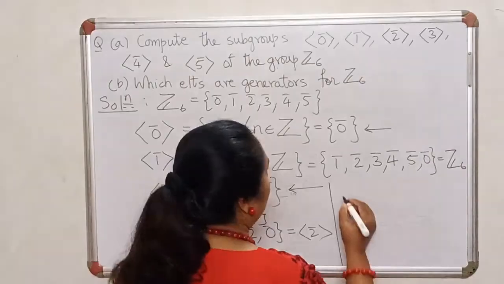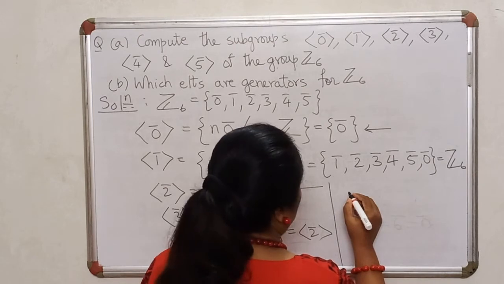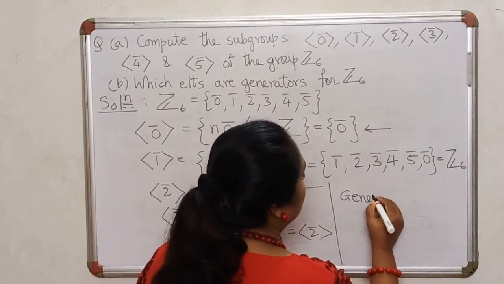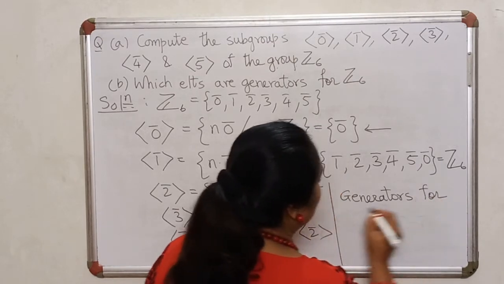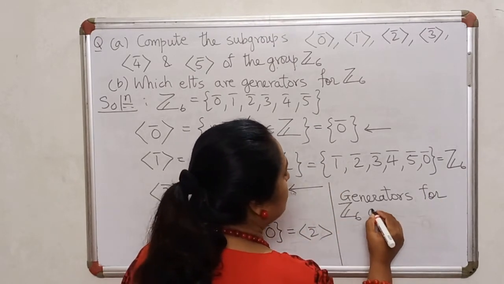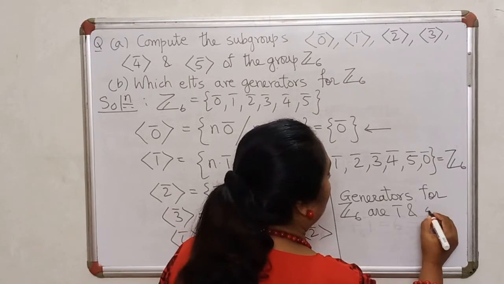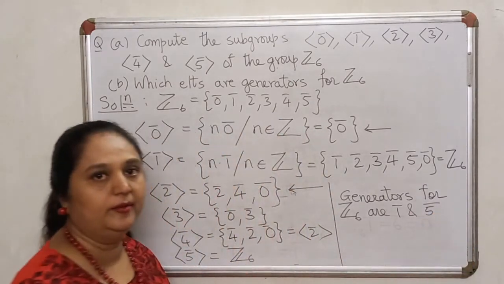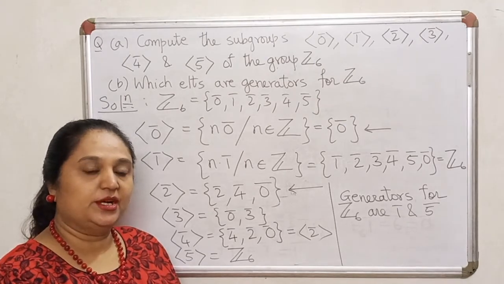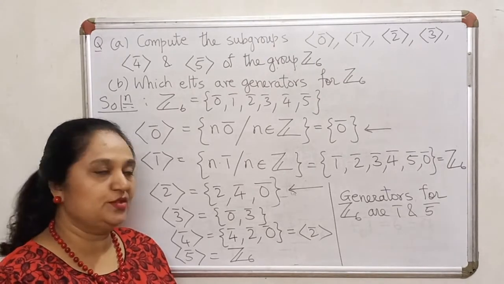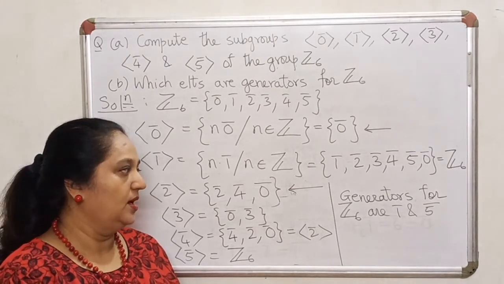So, we observe that generators for Z6 are 1 bar and 5 bar. Notice that these are also prime residue classes of integers modulo 6.